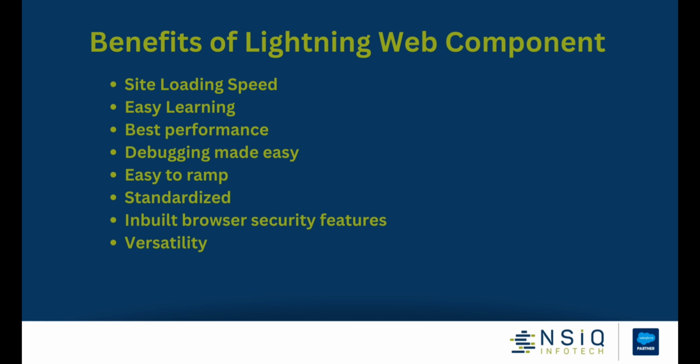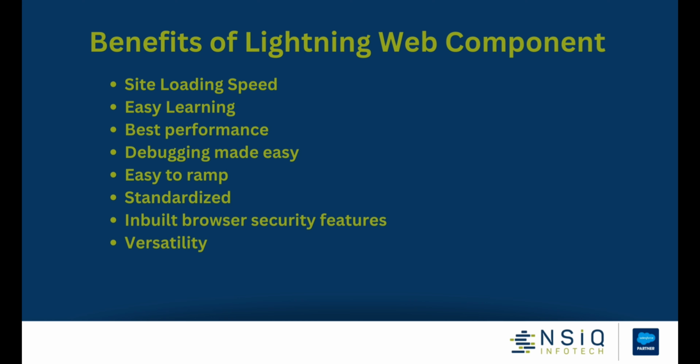Standardize. As Lightning Web Component uses core web components, it offers everything needed for the blazing fast performance of browsers. It uses common coding languages like CSS, JavaScript, and HTML. Inbuilt browser security features.